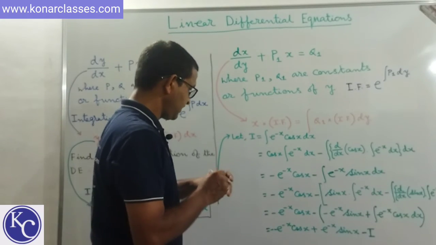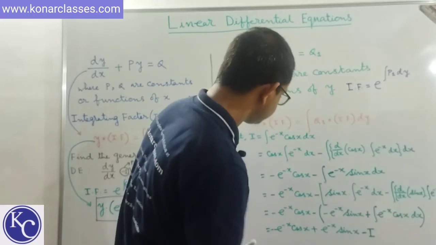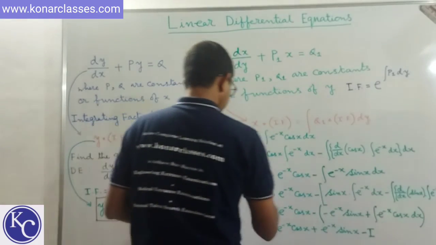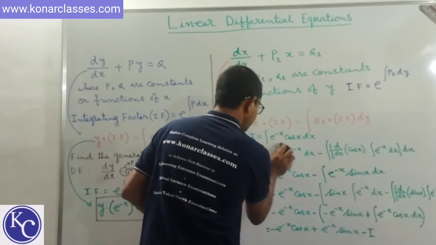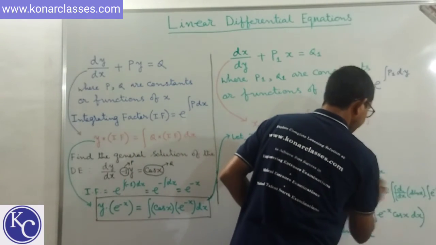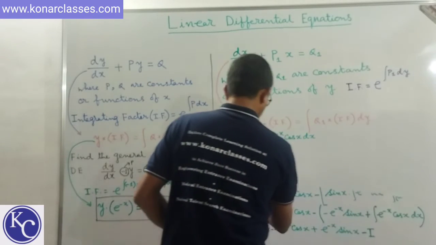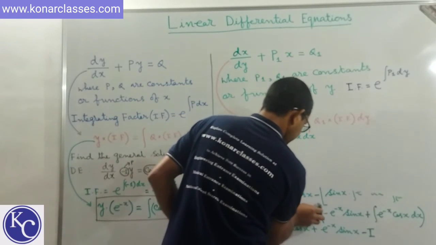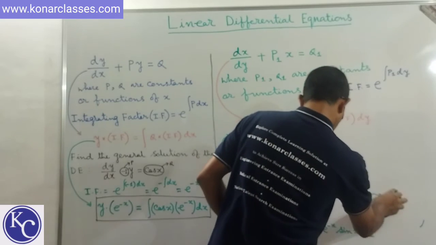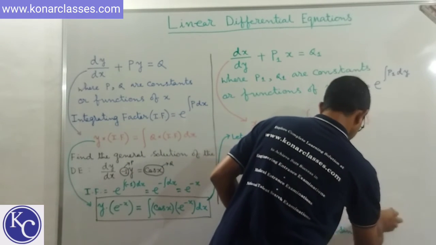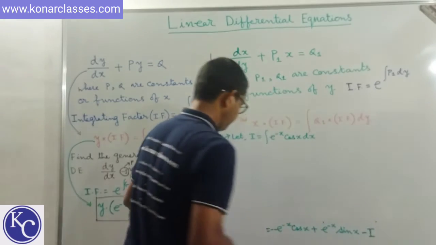That means we can write 2I equal to, okay, so I can write it here. I am just erasing these intermediate steps. I hope you already got it. Okay, so both are the same.